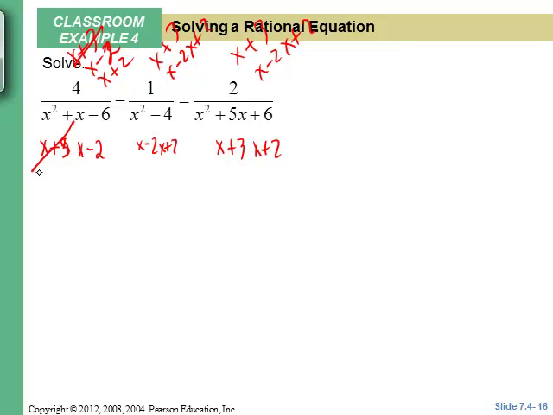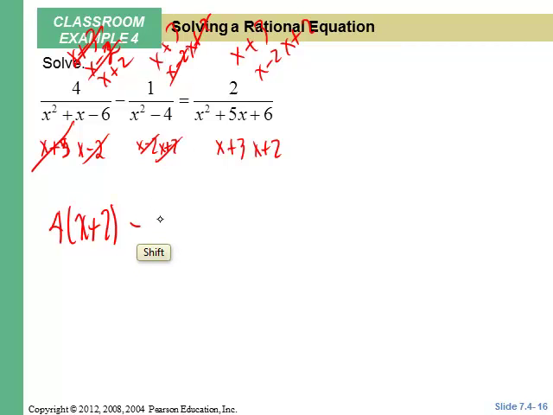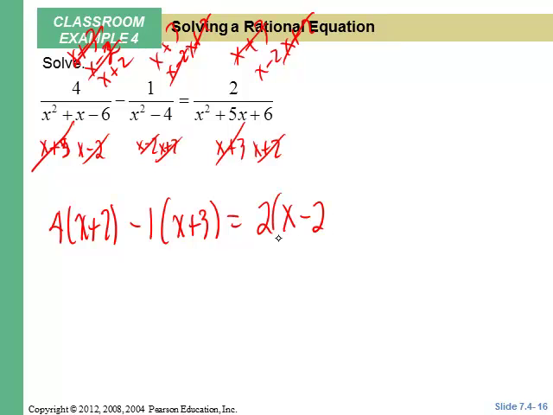Okay, this one cancels that, this one cancels that, so we're left with 4 times x plus 2. This one cancels, and you're left with minus 1 times x plus 3. And this one cancels, and this one cancels, so you're left with 2 times x minus 2.